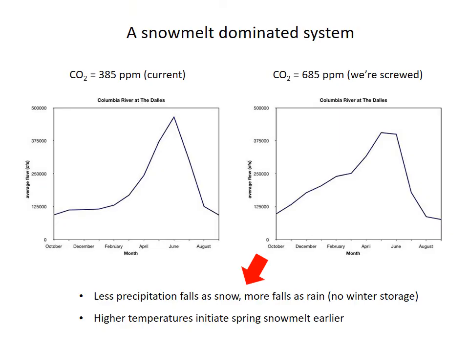Now this system is snowmelt dominated, which is a lot different than hydropower systems on the East Coast that Duke Energy owns. Now the cool thing about having a snowmelt system is that a lot of precipitation falls as snow, and then it's stored throughout the wintertime in the mountains, and then it melts in the summer, starting in the midsummer and going basically through August.